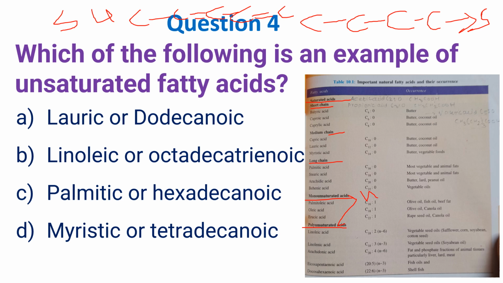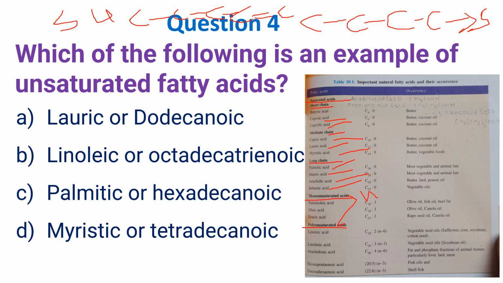And this is an example. Short chain saturated fatty acids are butyric acid, caproic, capric; medium chain, capric, lauric, myristic; long chain, palmitic, stearic, arachidic, behenic.